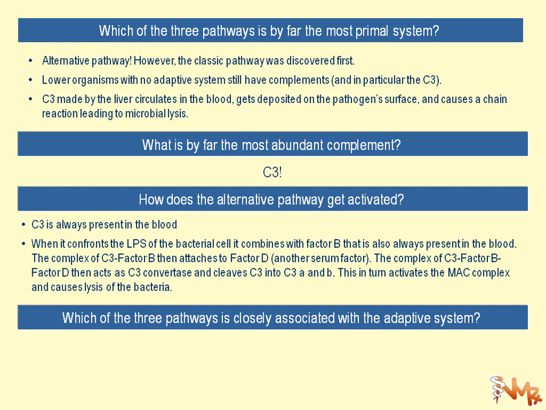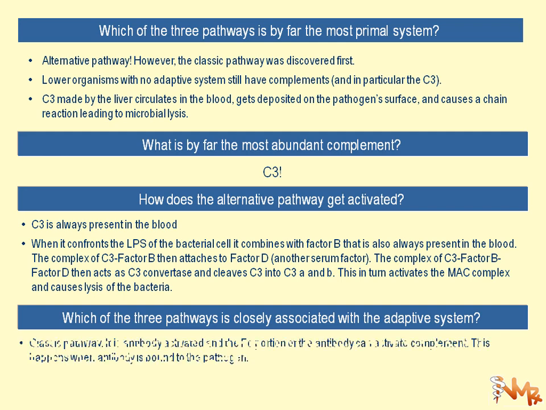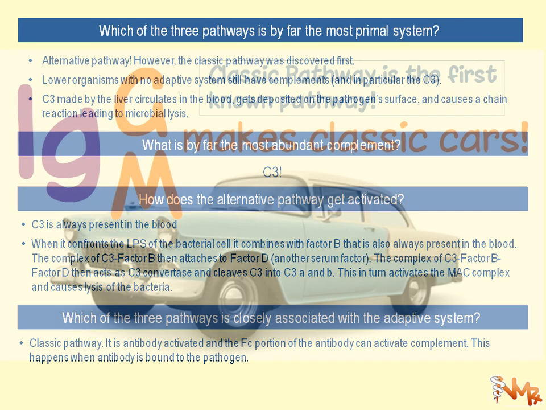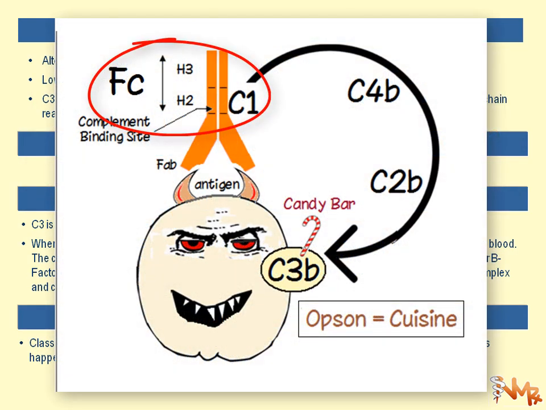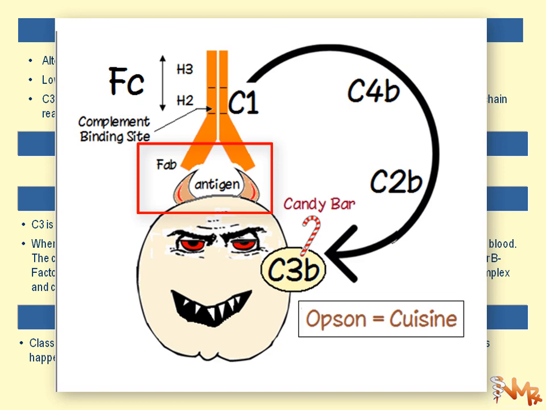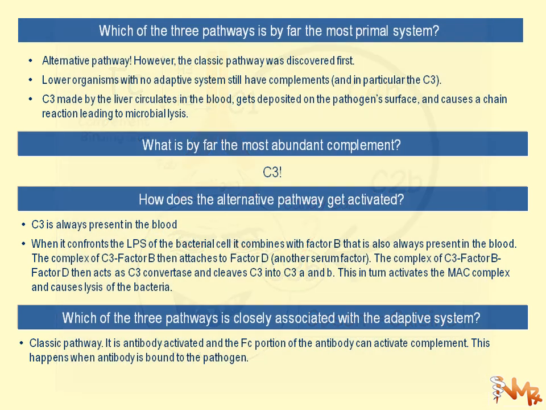Which of the three pathways is closely associated with the adaptive system? Classic pathway. It is antibody activated, and the Fc portion of the antibody can activate complements. This happens when the antibody is bound to the pathogens, and I've shown pictures to you earlier, and we have already discussed this.